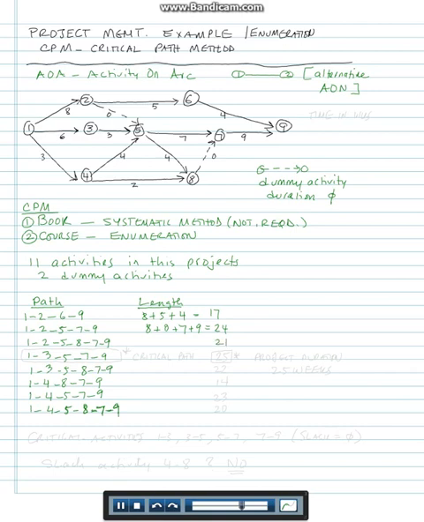We get 21 here, get 25 here, 22, 14, 23, and 20. So by definition, the critical path is the longest path in the network, and that would be this one, 25.